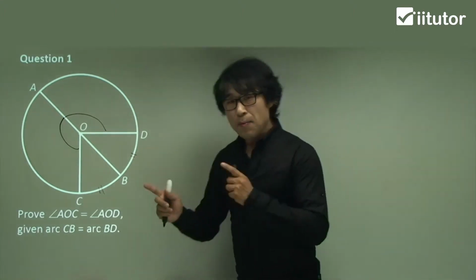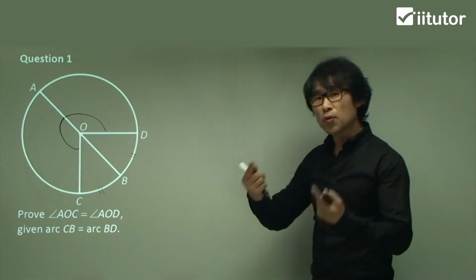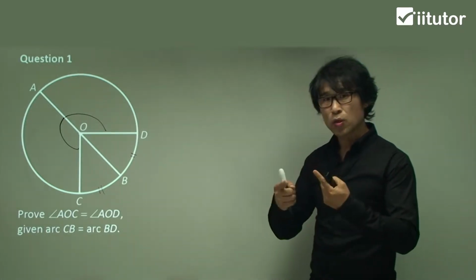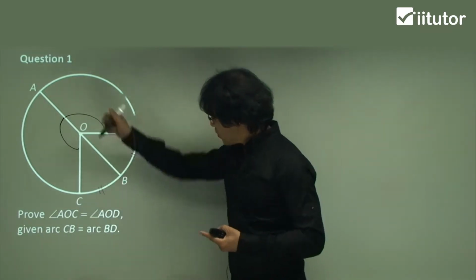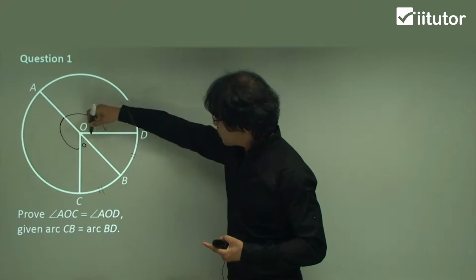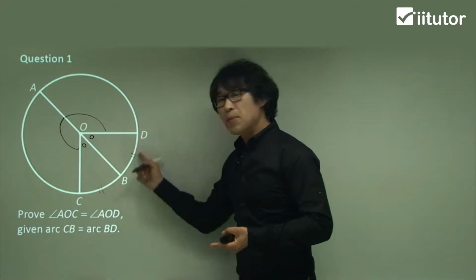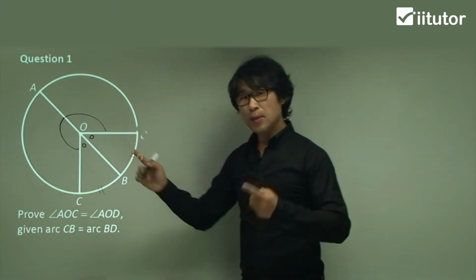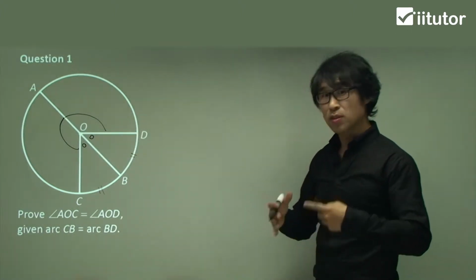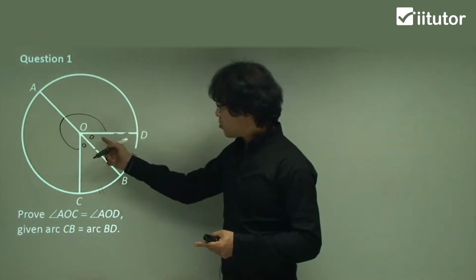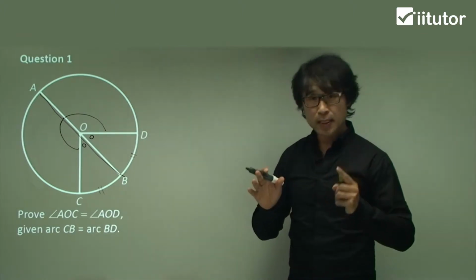Now, I'm going to give you a big picture about this question, how you move on and reach the conclusion. These two angles are the same. What's the reason? Because the same arc makes the same angle at the center, which is what we just covered. And AB is a straight angle, which is 180 degrees.